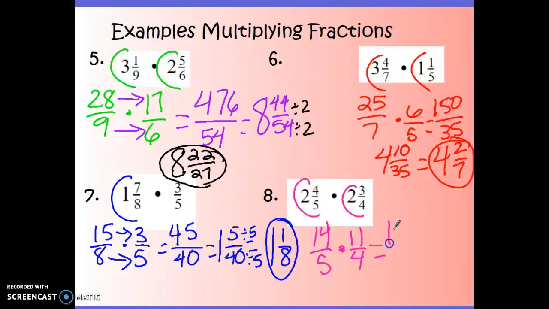When I multiply, that gives me 154 over 20. When I divide 154 by 20, I get 7 wholes with 14 over 20 left. I can still simplify, so I can divide both of these by 2. And I get 7 and 7/10.